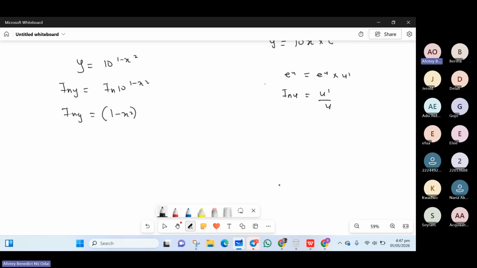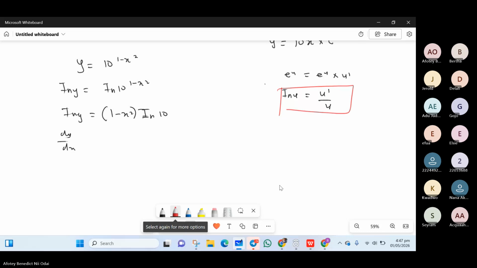Remember, everything is being multiplied by 10x. So in this case, we have the product rule. So the differential of this gives us dy dx. Remember the formula for the differential of the natural log of u, right? So the differential of y gives us 1 over the original y. And this is equal to 1 minus x squared natural log of 10.